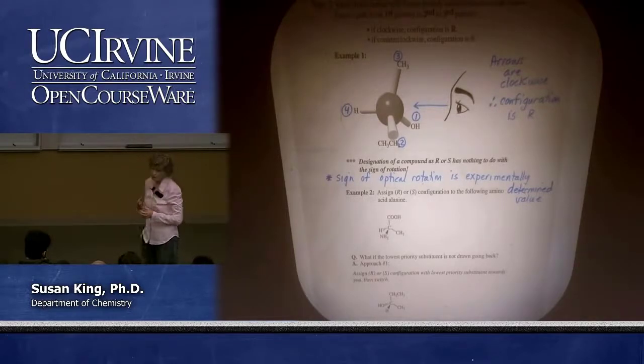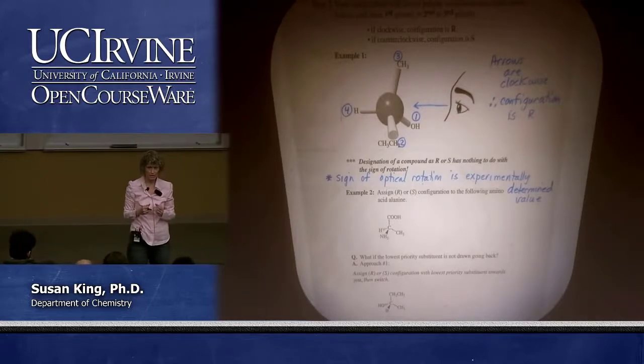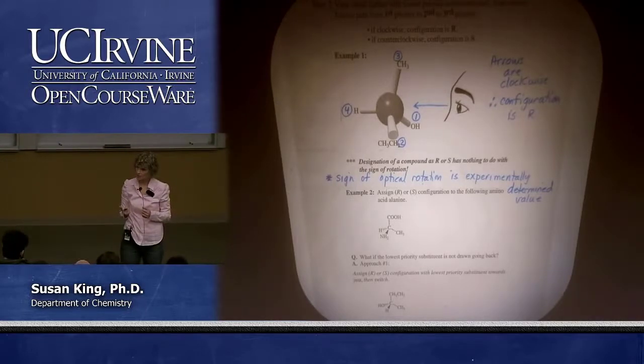But what I urge you to do is to get enough practice that you don't really need your models to do this. Because the problem is that it takes time to do models. And it's going to slow you down in getting the test done. I remember as a student, and I brought my models in, and I'm kind of a nervous test taker, honestly.